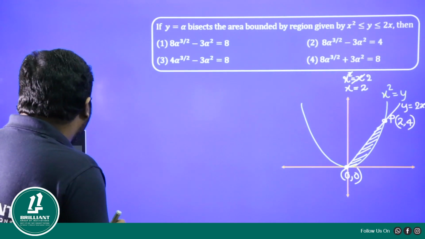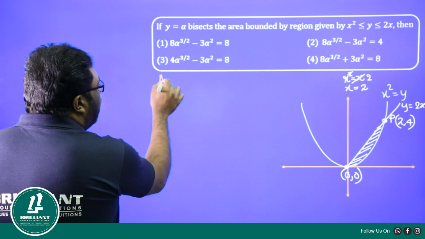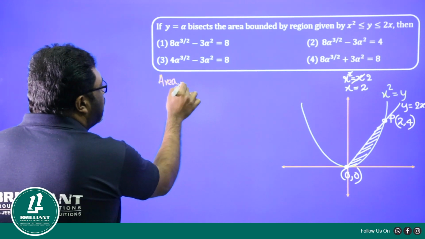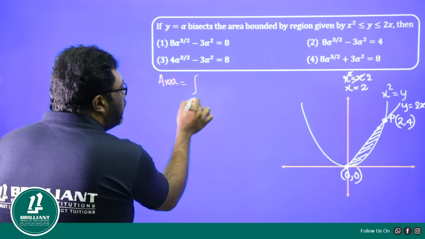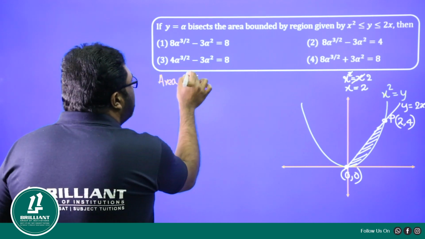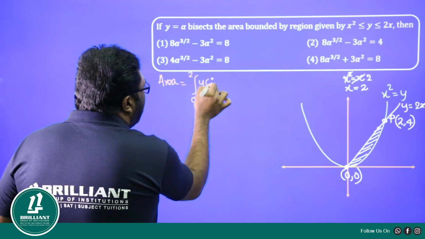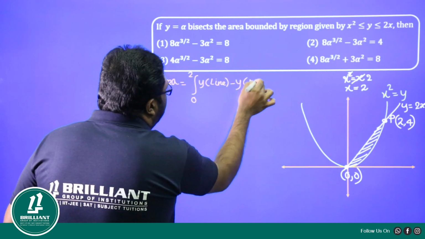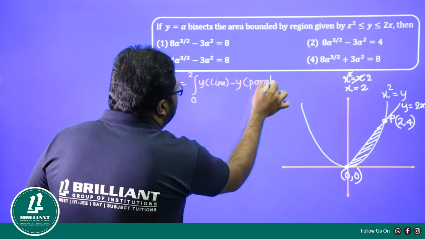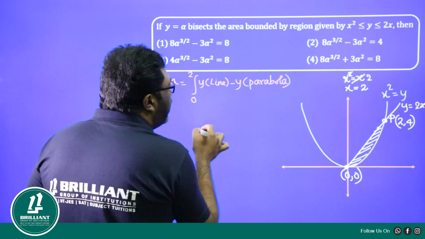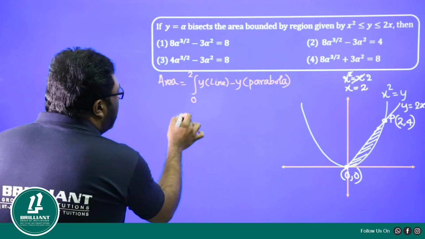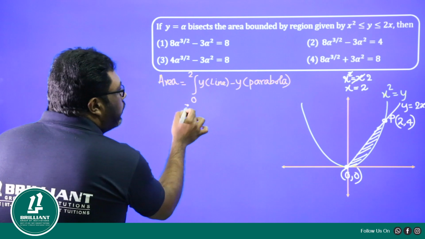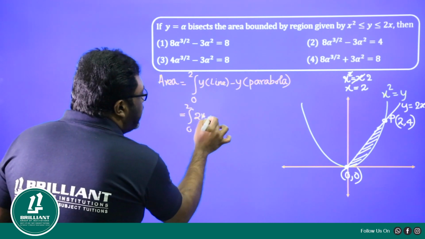So this required area is going to be what? Area equals integral 0 to 2 of y of the line minus y of the parabola. So what is the y of the line? Y of the line is 2x.